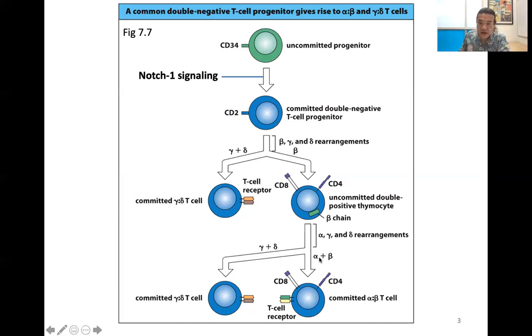But if it makes the alpha chain, now we're set. We have the alpha beta, the yellow green T cell receptor, on a double positive, CD8 positive, CD4 positive T cell. So now you have to start making the decision. Which type of T cell is this going to be?